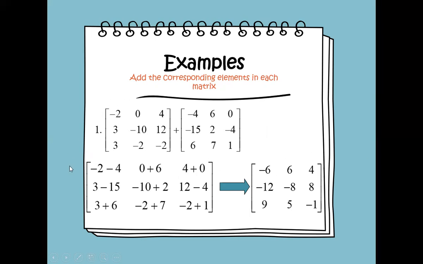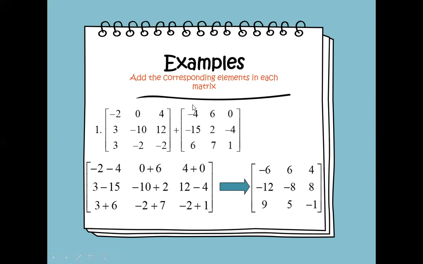So first of all, let's see how many rows we have. 1, 2, 3. And how many columns? 1, 2, 3. So the dimension is 3 times 3. And here, 1, 2, 3 rows and 3 columns. So here it's 3 times 3. So now we can add them.